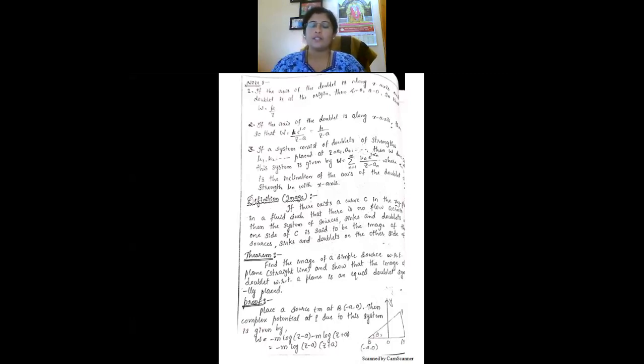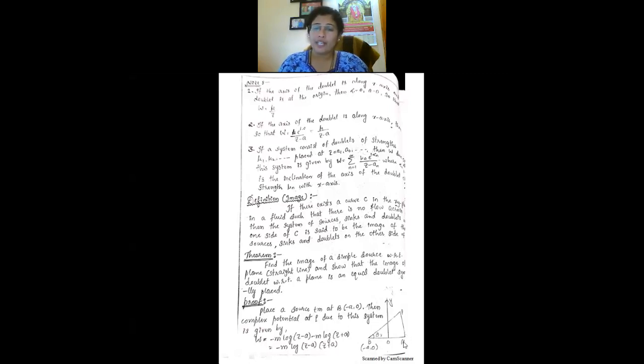So if your source is kept at the positive axis, the image is created at the negative axis, so only the distance sign will change. Here the source is kept at point A, with coordinate a comma 0, and this point has its image on the other side of the plane, with coordinate minus a comma 0.